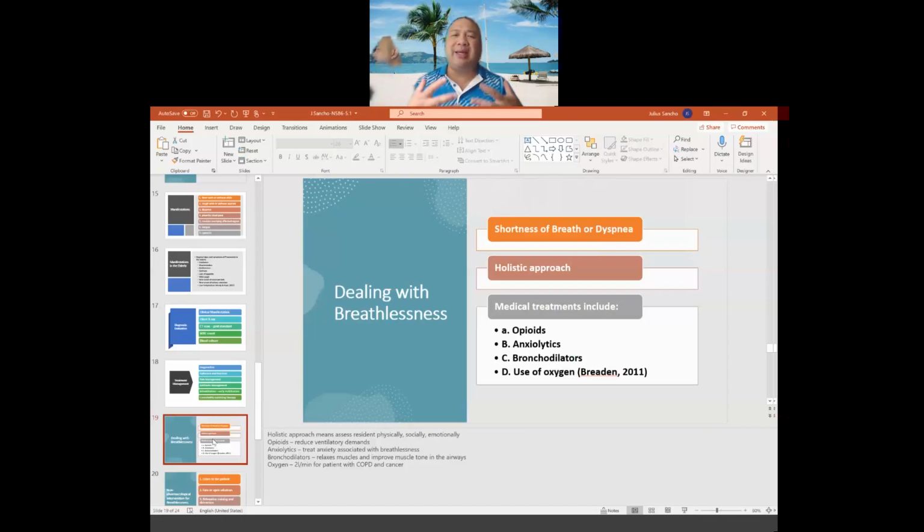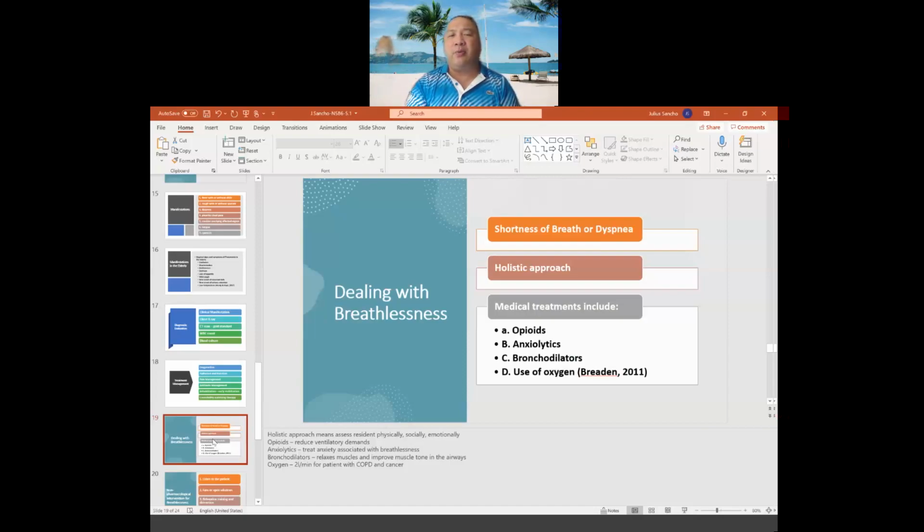When the resident develops dyspnea, we have to provide a holistic approach, not only the physical but also the emotional and mental, because breathlessness could be caused by anxiety. So you really have to make sure that you deal with the emotional and mental stress of your resident, not only the physical stress.